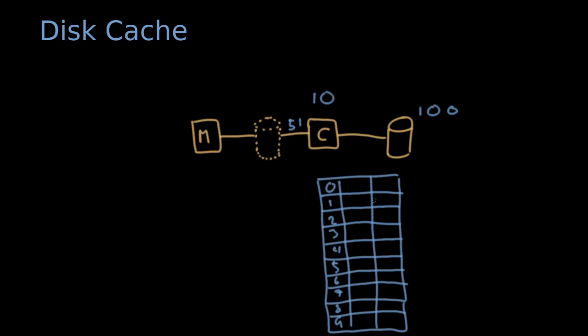It looks at row 1 and sees that it is empty. So it performs the read against the disk itself. When the disk returns the data, the cache notes in its table that we have now cached entry 51. And here's the data.